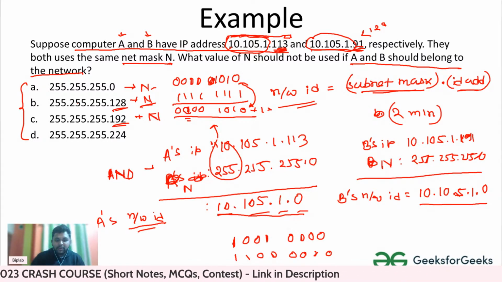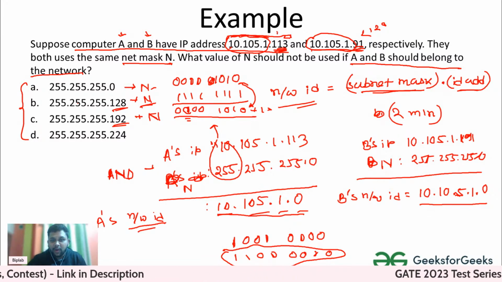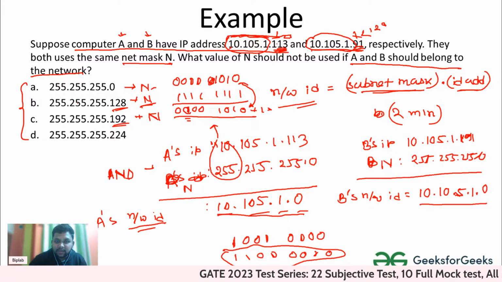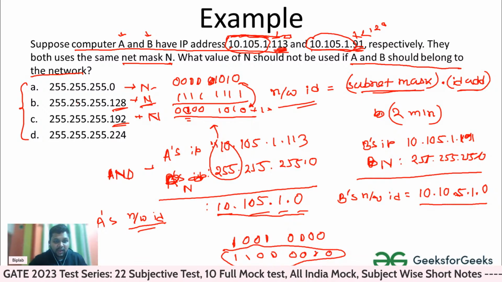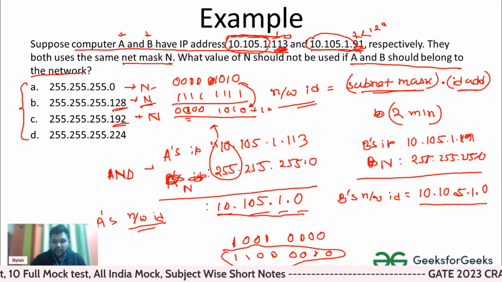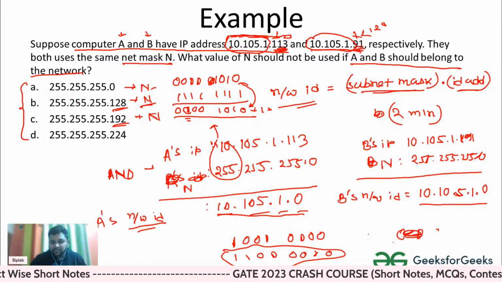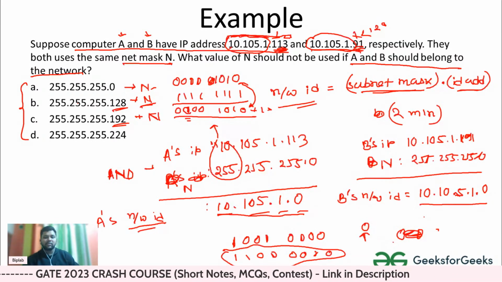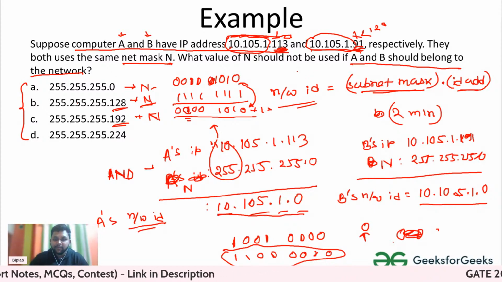So when you perform the AND operation of this octet with 113 and 91, consider it like this: they both don't have 128. That means in the result of the network ID, the last octet will have 0 in the first bit in both of the cases.